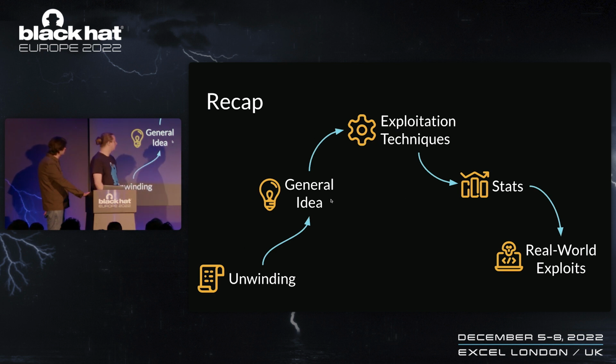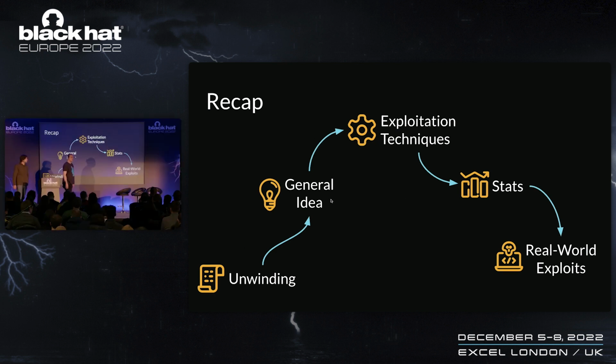With that, we're approaching the end of our talk. We looked at how unwinding works and saw how the unwinder uses return addresses to figure out where to target the exception handlers. If we overflow those return addresses, we can do catch handler oriented programming.